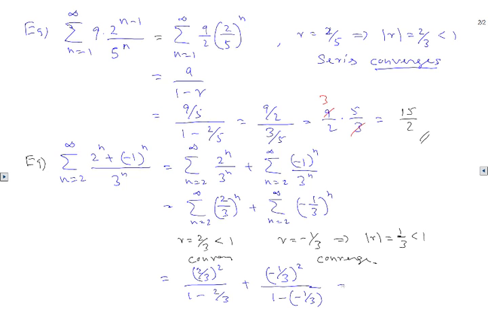And then we can simplify this. The top is 4/9, and the bottom is, taking the common denominator 3, 1/3, and then plus 1/9. And then what happened here? Minus minus becomes plus. So you're gonna add them, so it becomes 4/3. And then we can write this one as 4/9 upside down 3/1 plus 1/9 upside down 3/4.